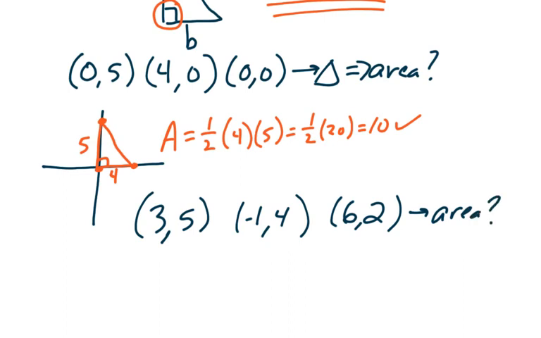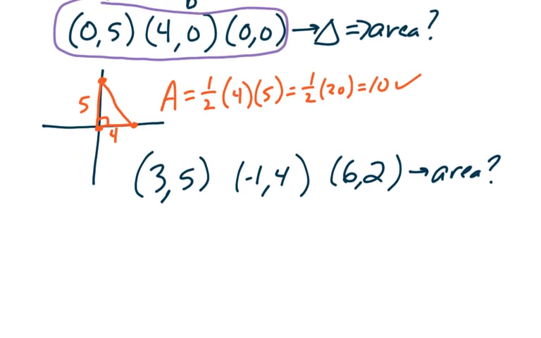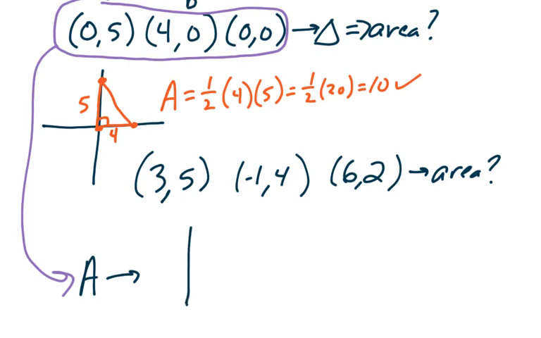Well, let me go back to my first example and let me show you a cooler way to find the area of this triangle using a determinant of a matrix. All right, here's what I'm going to do. Watch this. Come on down here, my friends. I'm going to take a determinant here, and I'm going to take each of my points.